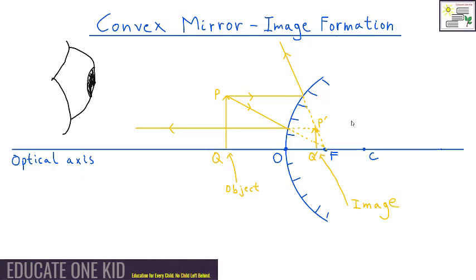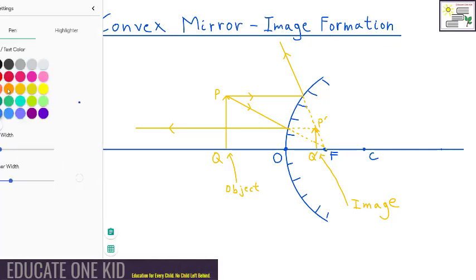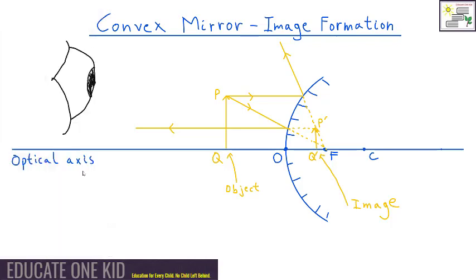Now let's discuss the properties of this image. What do we know about this image, or what can we deduce about this image? So the image has the following properties. So the first thing to note about it is that it is smaller.